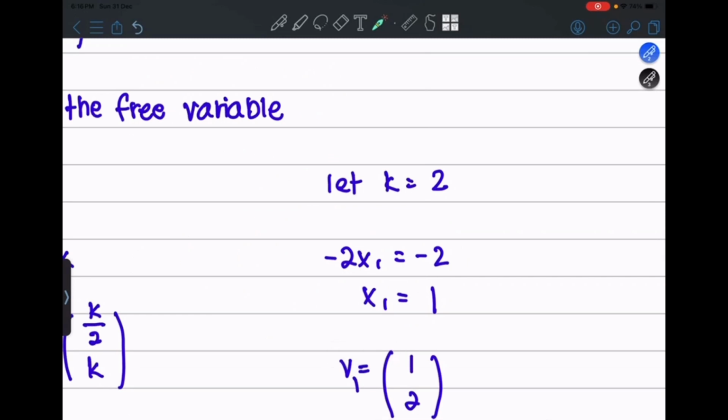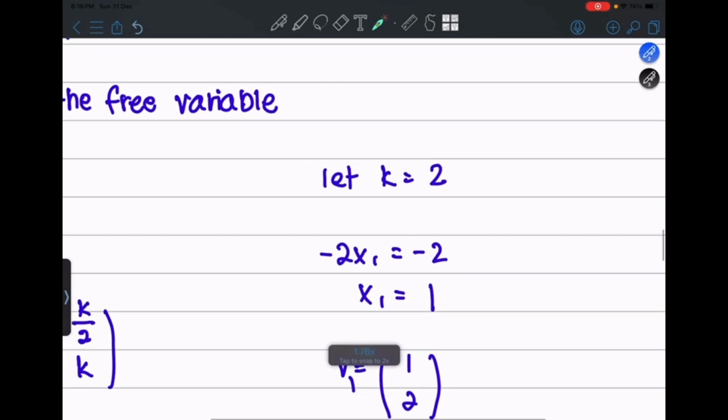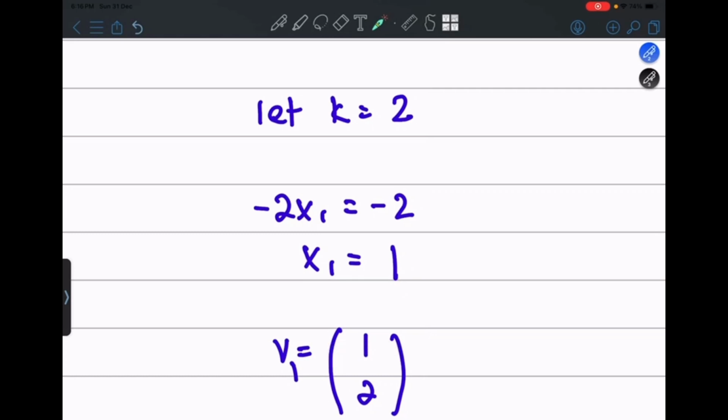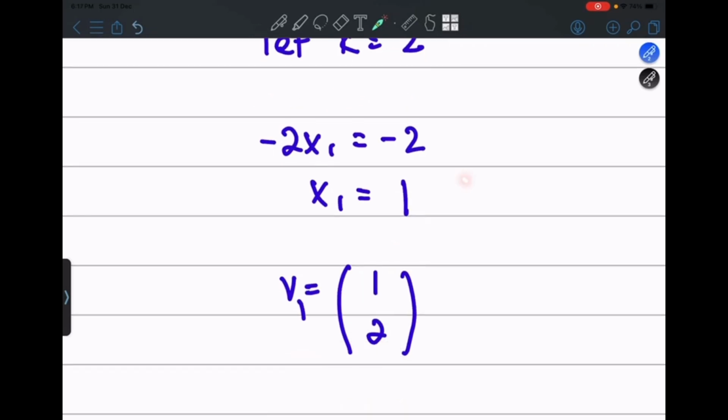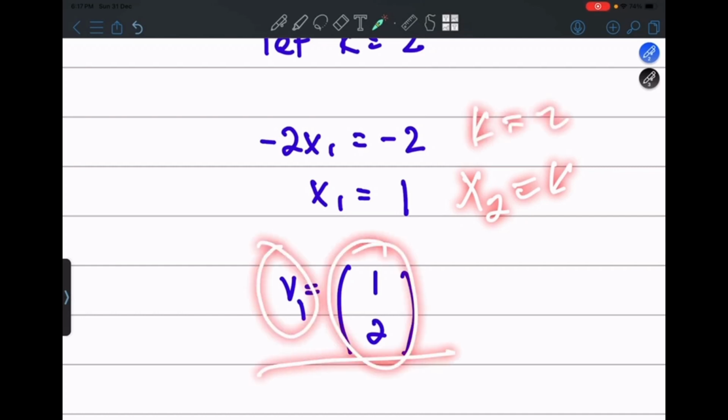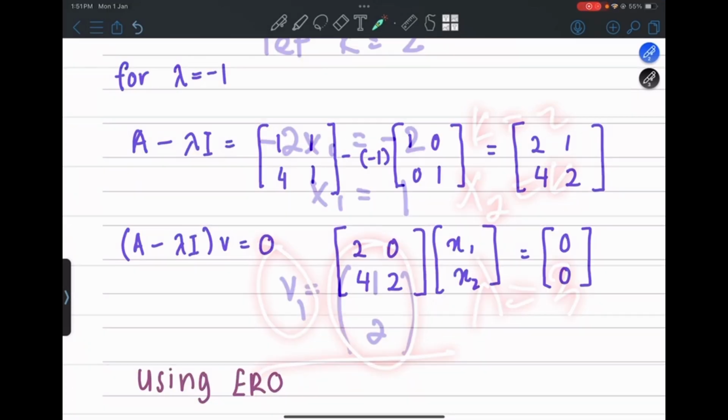Then from there we can assume k is any real number. For this example, the k we use is equal to 2 because it's the easiest number to work with. Then substitute the value of k into the equation that we got, and then we get the eigenvector for this lambda. I think I got it now.